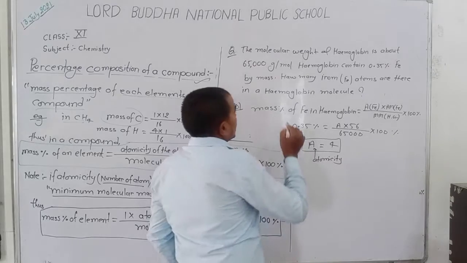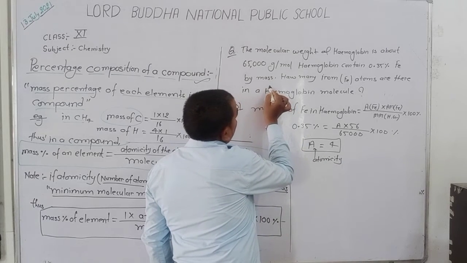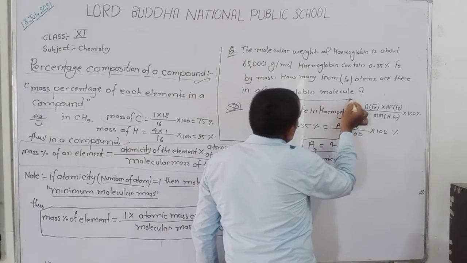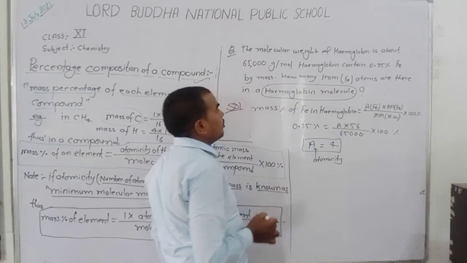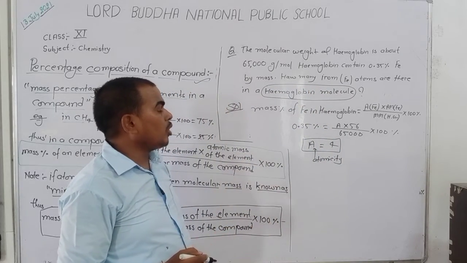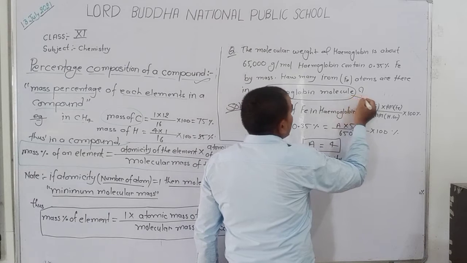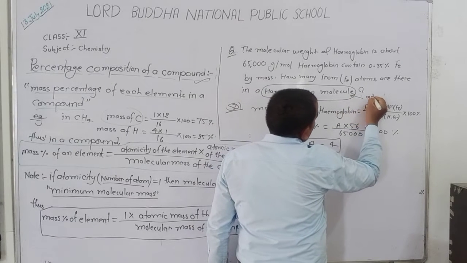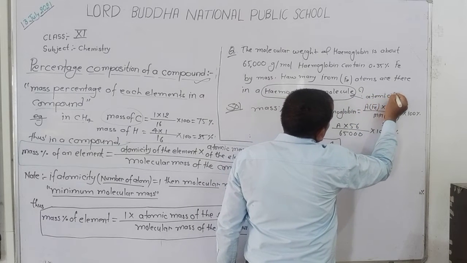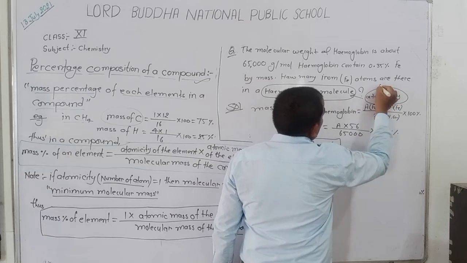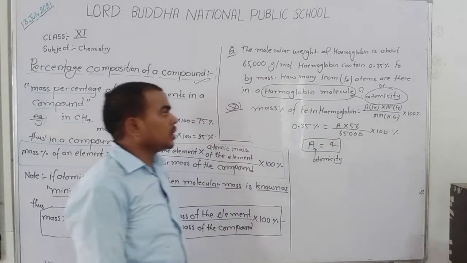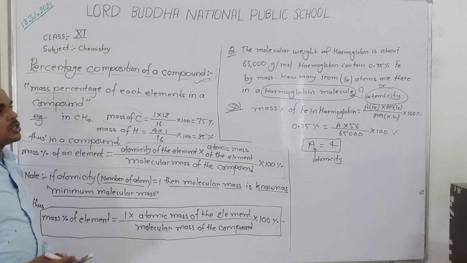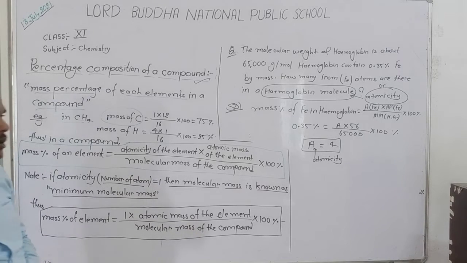Here in this question, what is asked is the atomicity of iron in hemoglobin.